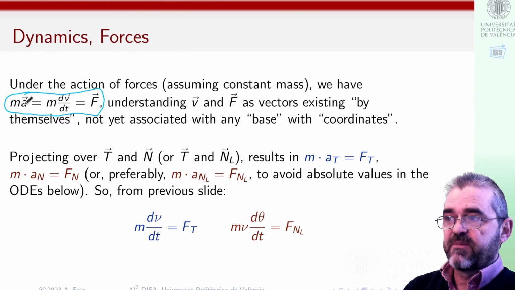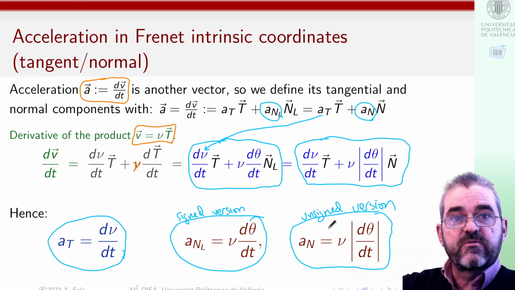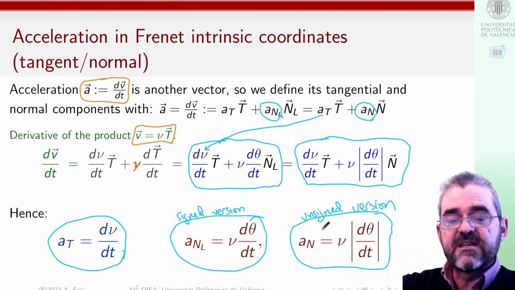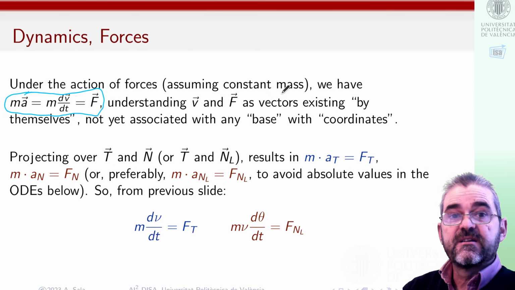So we will replace acceleration by this, and we will have the equations of the dynamics under constant mass assumption. Note that, for instance, in some rockets that burn fuel very rapidly, this constant mass assumption may need modifications, but we are keeping things simple for the moment.